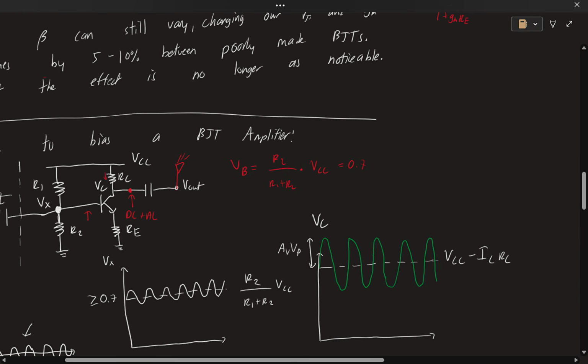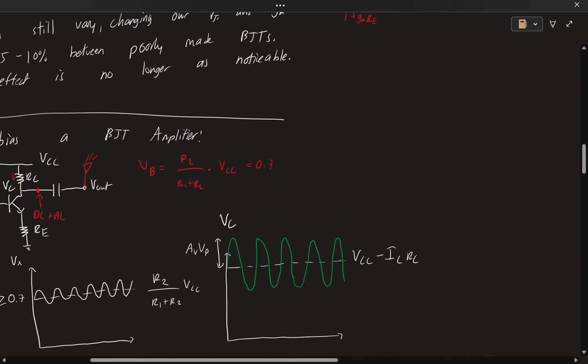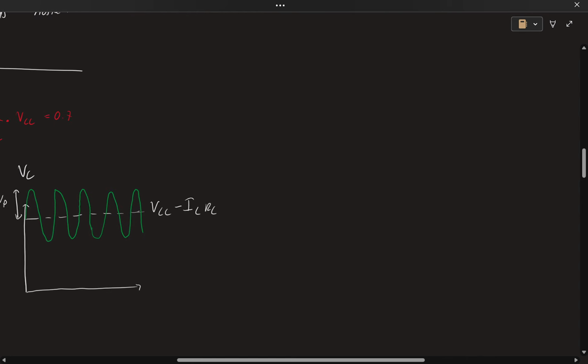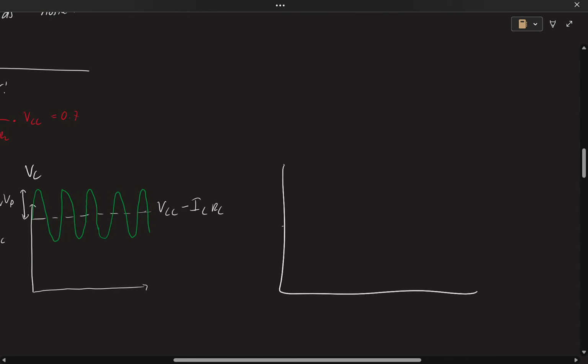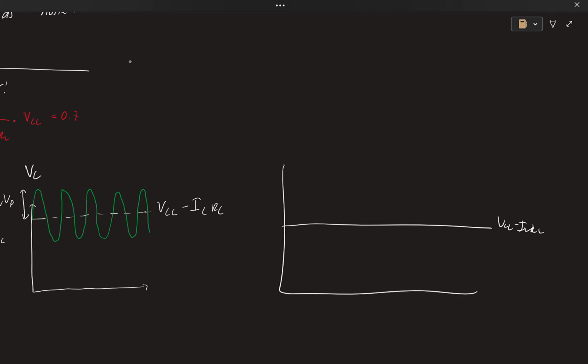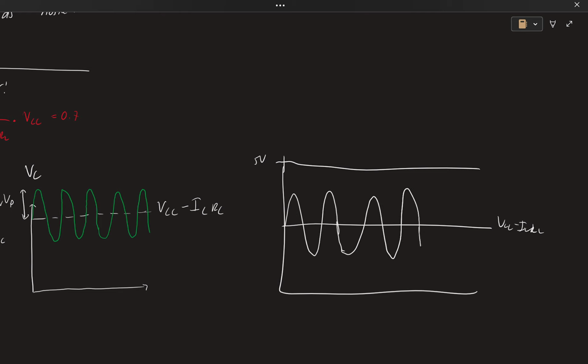If VCC minus ICRC is going to be over here, with 5 volts here, then sinusoids are perfectly symmetrical. So if we take this green wave and add it, we can have something that looks like this. So we still have some room to amplify it before it hits these limits.